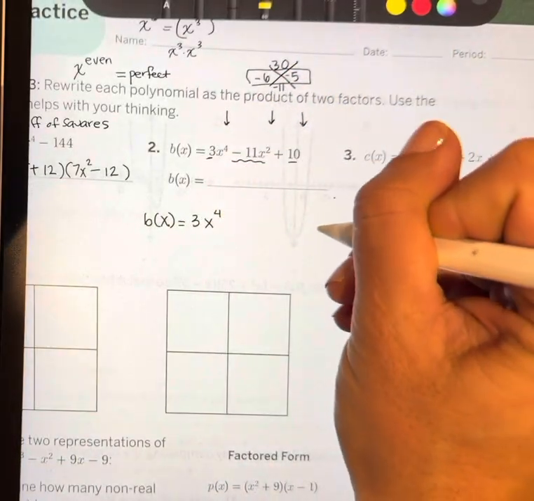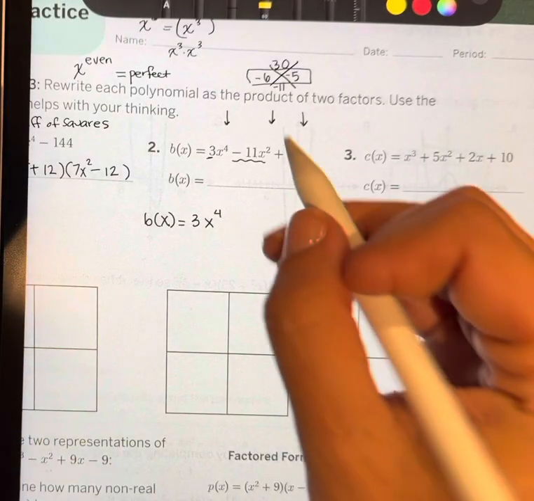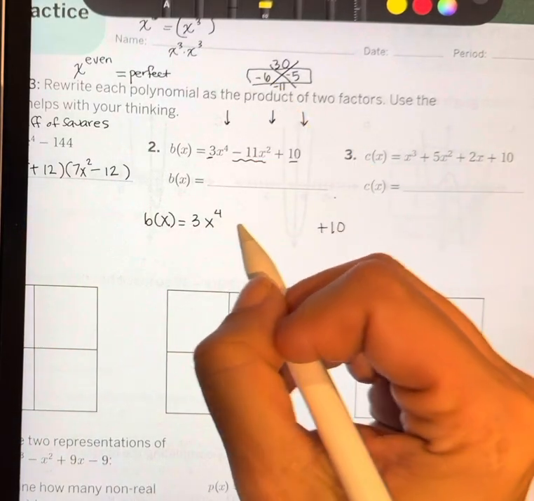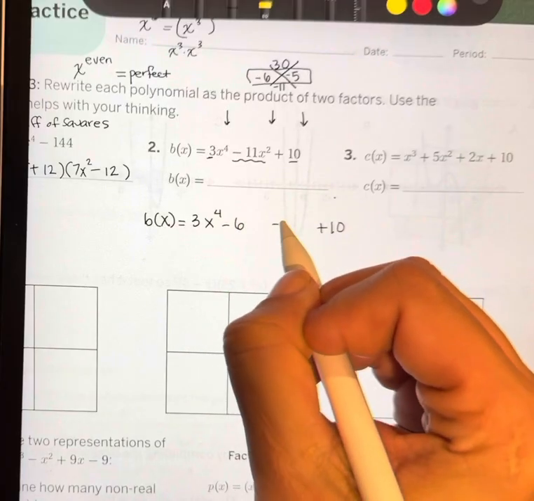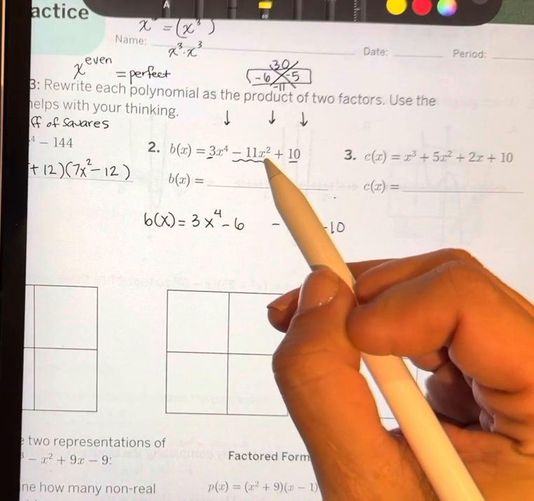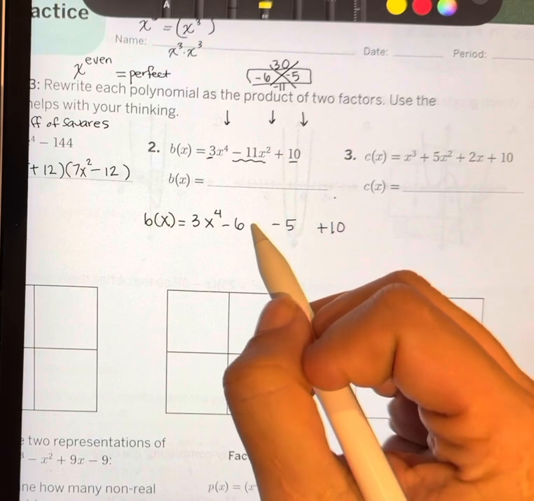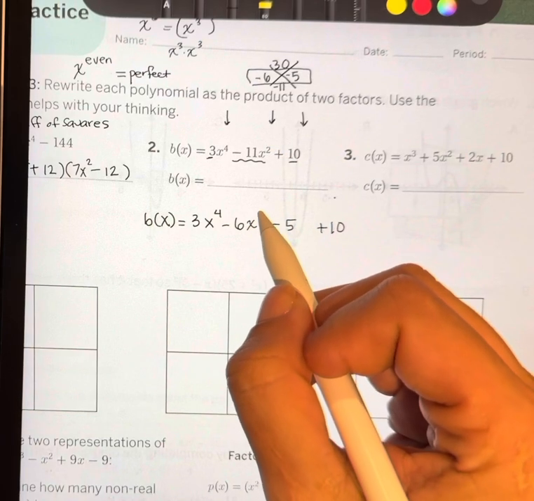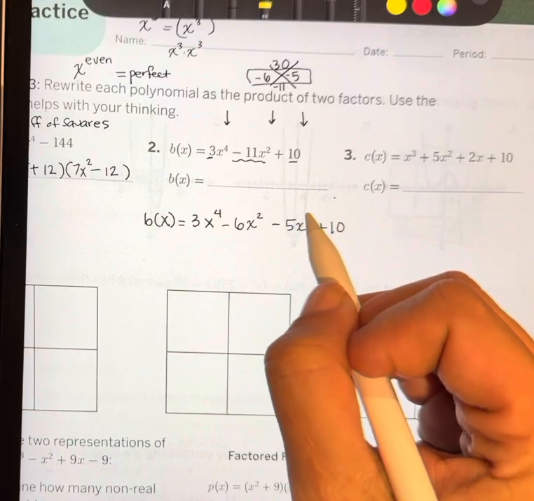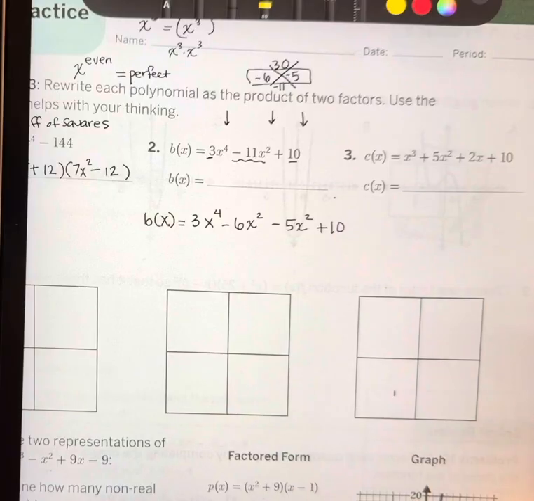And the last term is perfect how it is. What I'm going to do is rewrite the negative 11x squared using the negative 6 and the negative 5. But the question is, if it's a negative 11x squared, then the negative 6 and the negative 5 must be x squareds. So now if we combine like terms, we get this, okay?